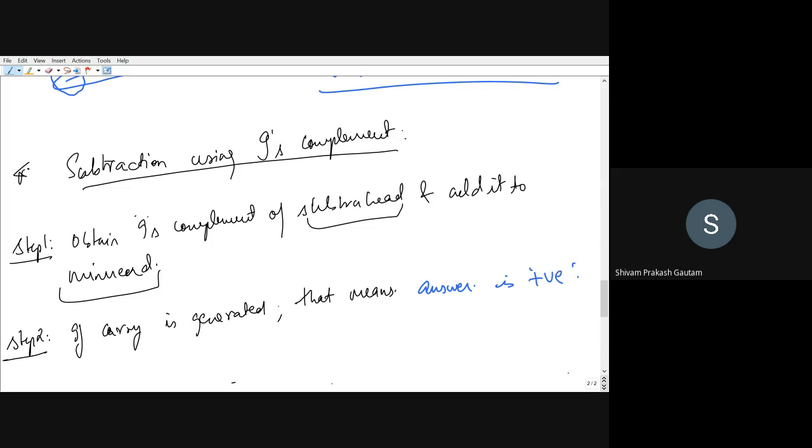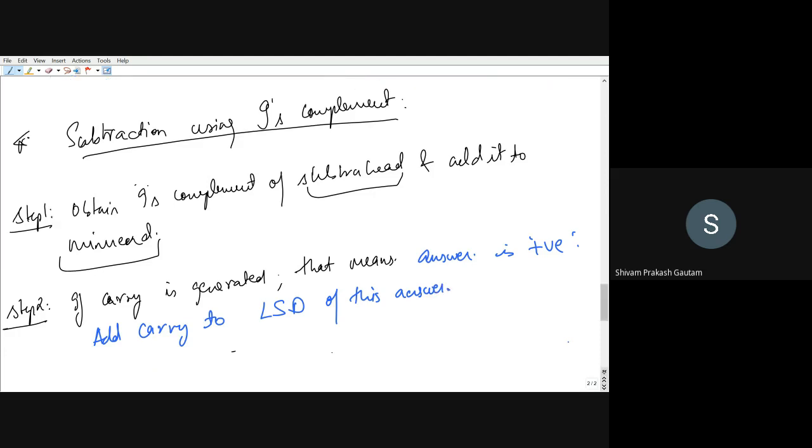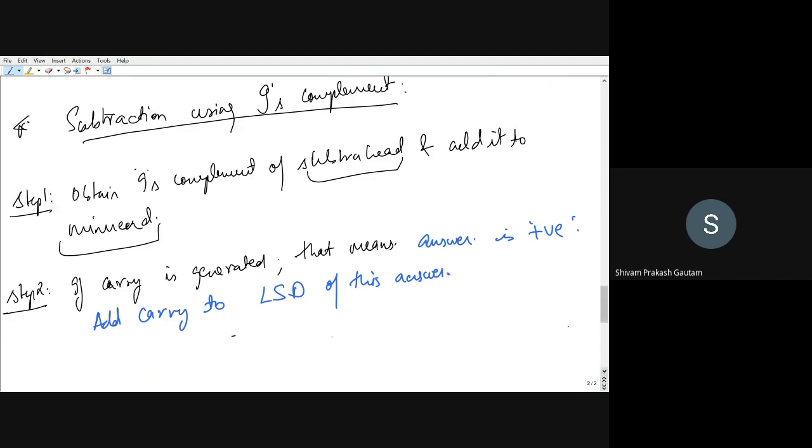In this case, add the carry to the least significant digit of the answer. It will be more clear when we see an example.